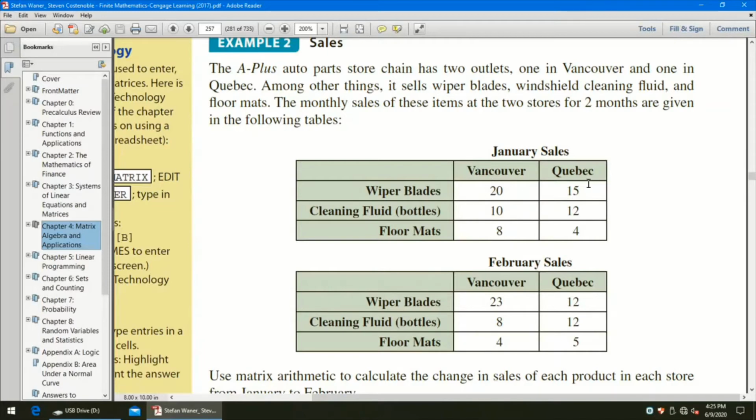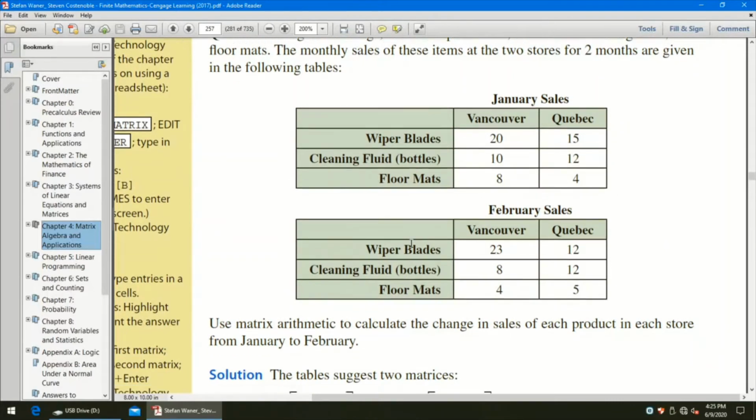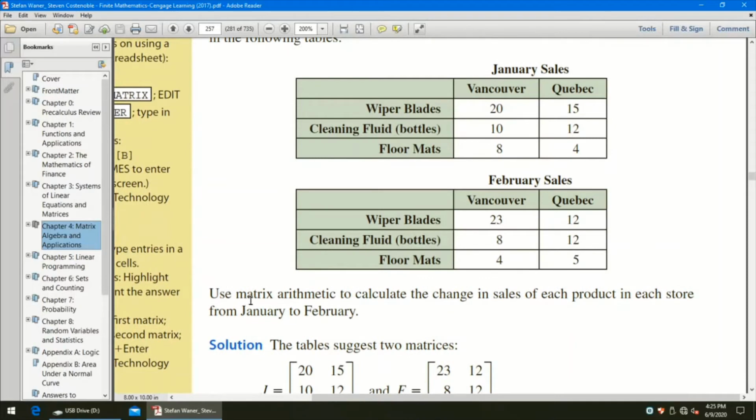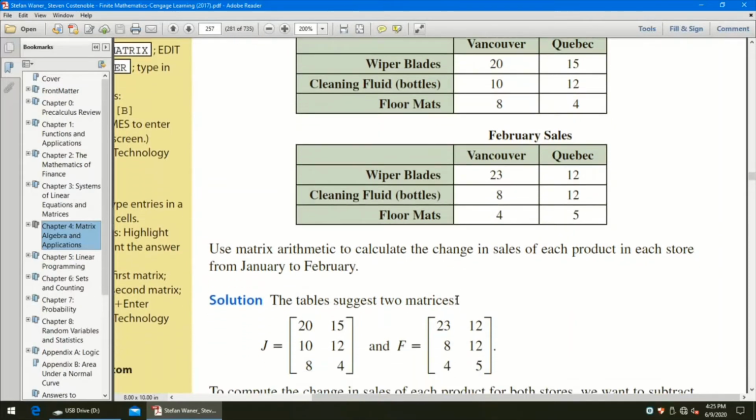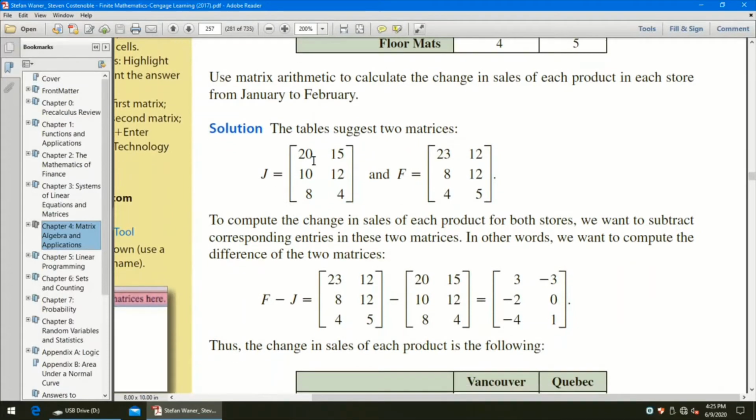In this case, it's 20 and 15. So you have for February variable sales for a particular product, which is wiper blades in this case. Now, what do you want to find out? Perhaps you would be trying to compare the sales of both months and see whether there's a change. They've asked you to use arithmetic to calculate the change in sales. So if you want to find out the change, you will naturally be subtracting.